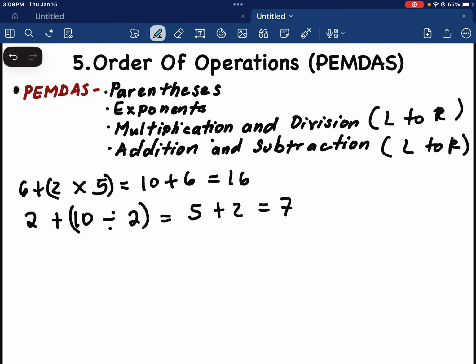If the division comes before multiplication, then we have to do division and then multiplication. The same as the addition and subtraction. If the subtraction comes first in the problem, then we have to do subtraction first and then addition. Okay, let's have some example for this one.